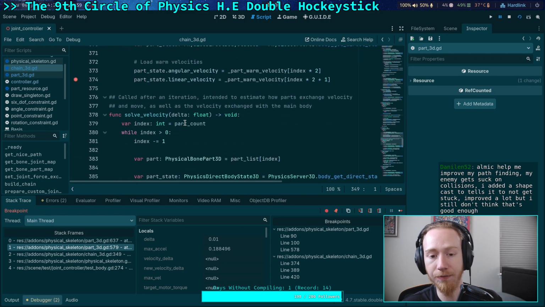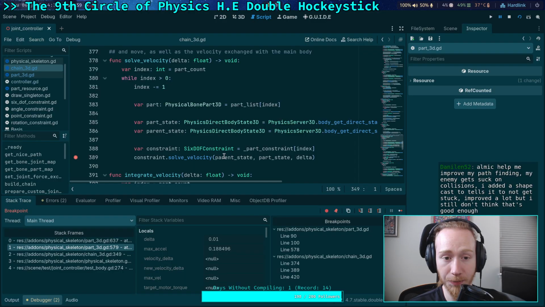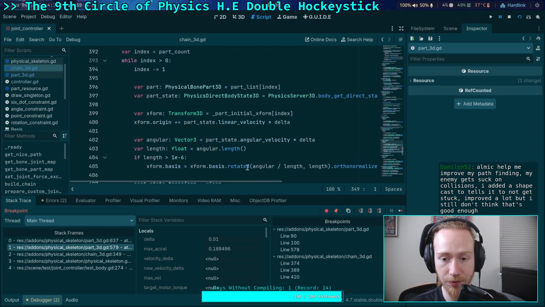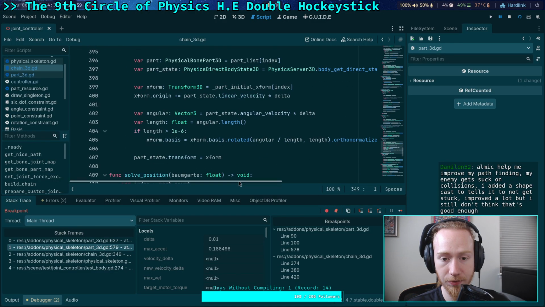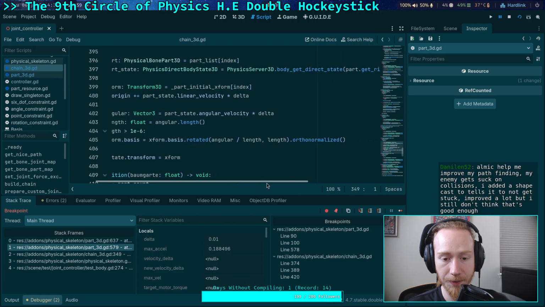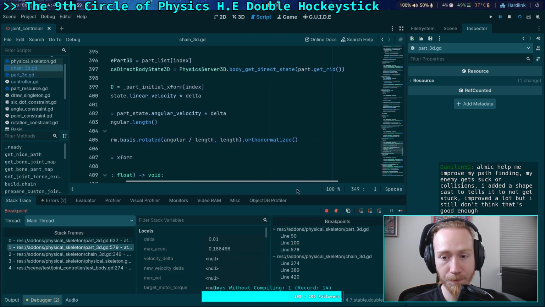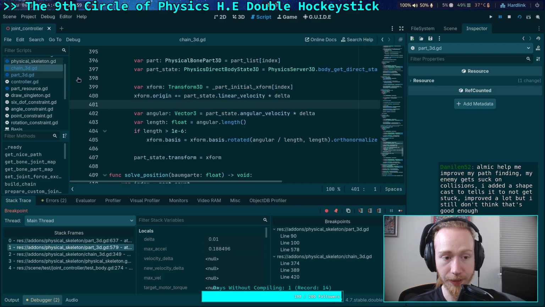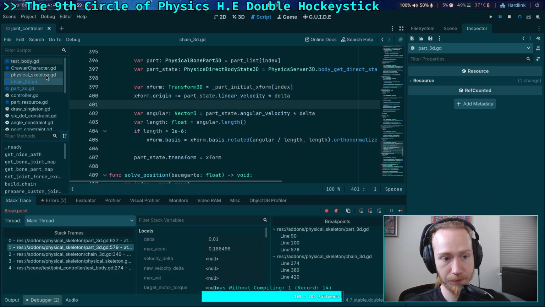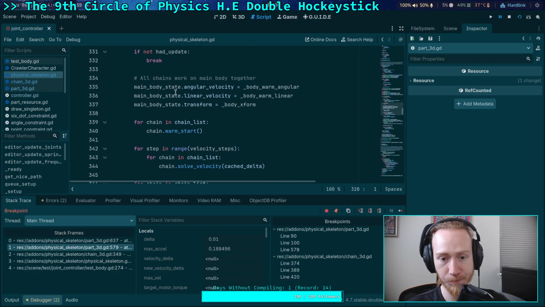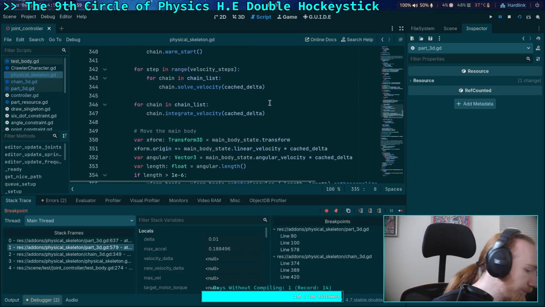Do I have... Am I missing a multiply in the integration? That's correct. I reload all the transforms.